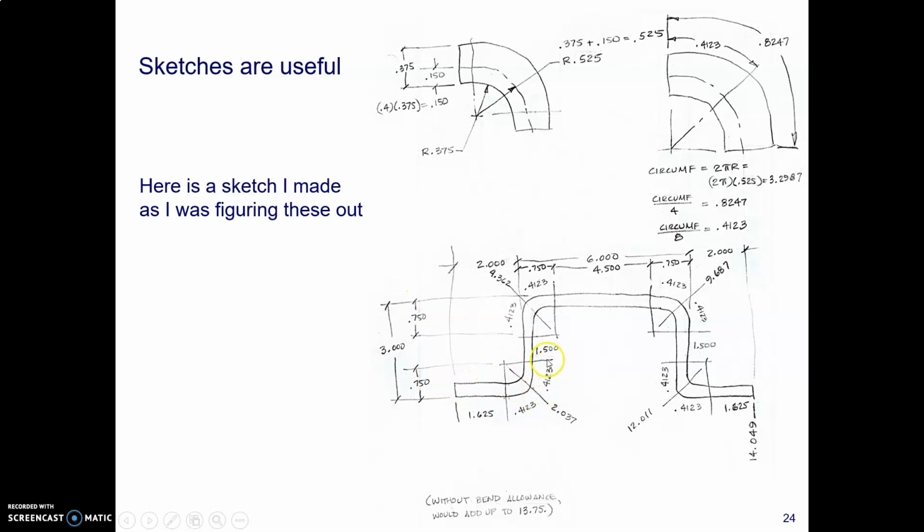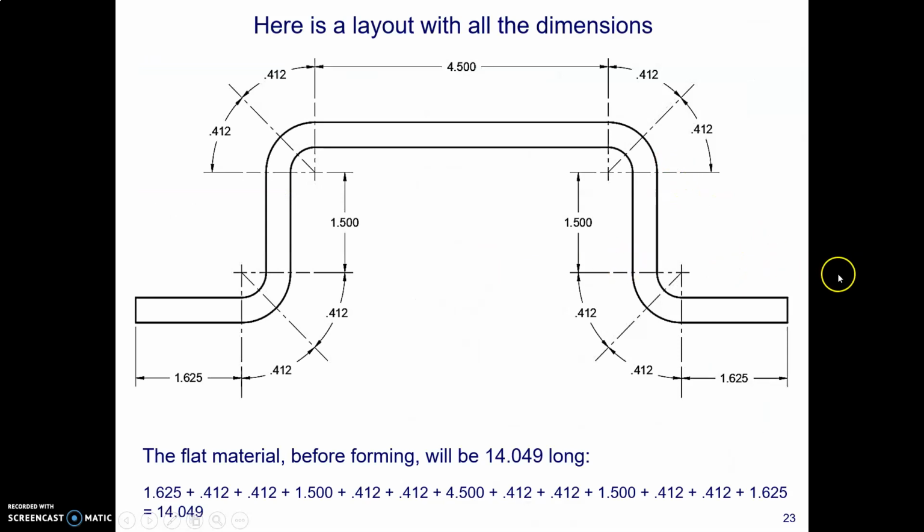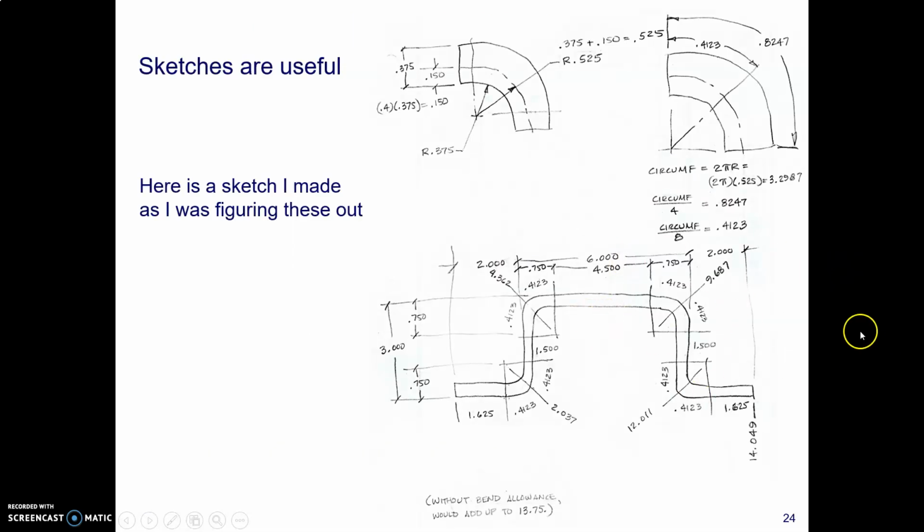Here's where I'm writing in the curvy parts. I made a diagonal line for where I think the bend lines will go. It's a good idea to do something like that for yourself. Now, you might be someone who likes to do this on paper, or you might be someone who likes to do this, backing up, on CAD, or you might do both. Either one will be good.